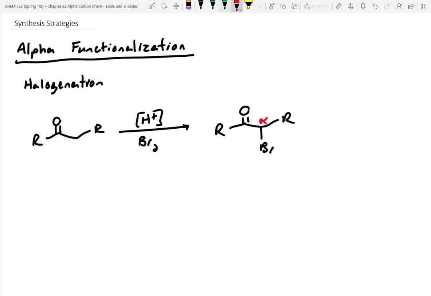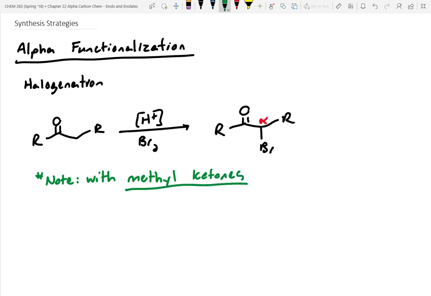And we also saw that we can do a variation of this. So I'm going to make a note. With methyl ketones, specifically, you can perform a haloform reaction to get a carboxylic acid.